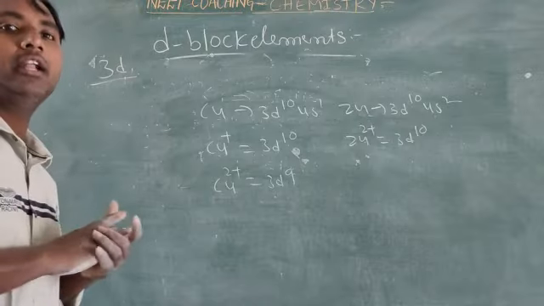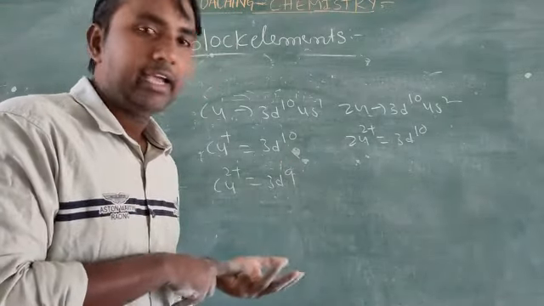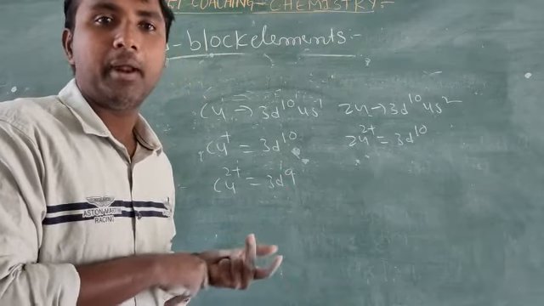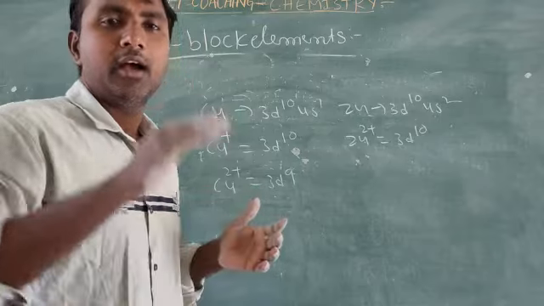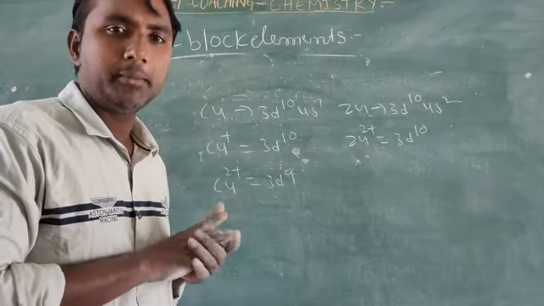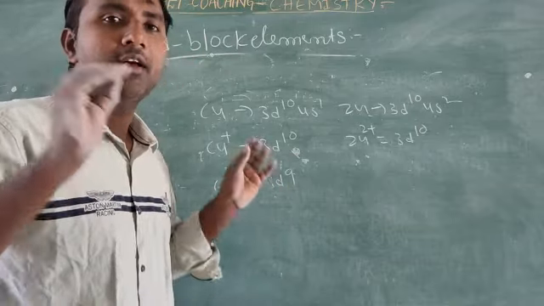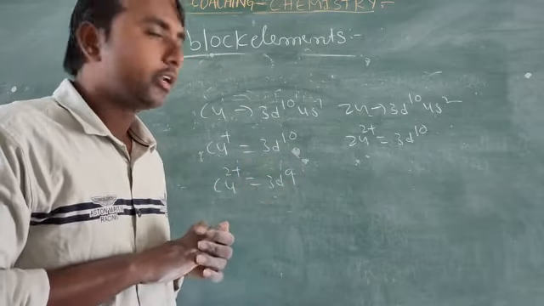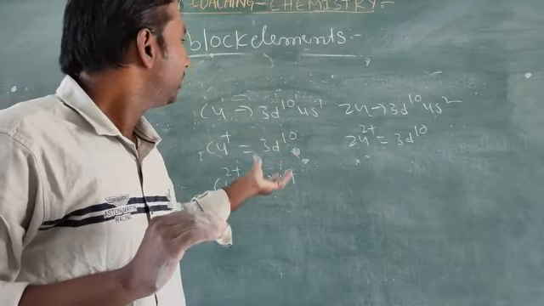Because in further topics on complex compounds, magnetic properties and color properties of d block elements, this is very useful. Also in the coordination chemistry and complex compounds chapter, these configurations are very important. That's why everyone should practice and learn.